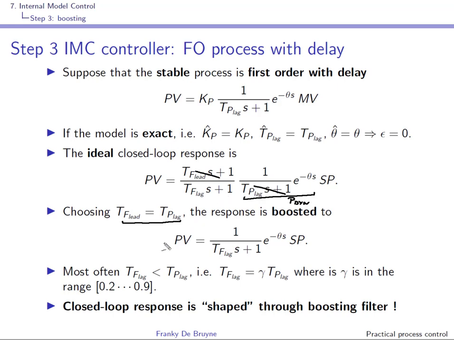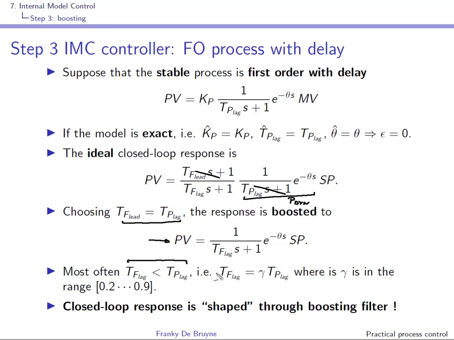So we obtain in this particular case an ideal closed loop response, that is this one. And of course we would like to accelerate the system with respect to what was obtained in open loop. So we'll take this lag time constant of the lead lag smaller than the open loop time constant of the process.